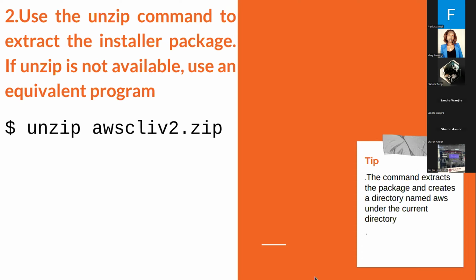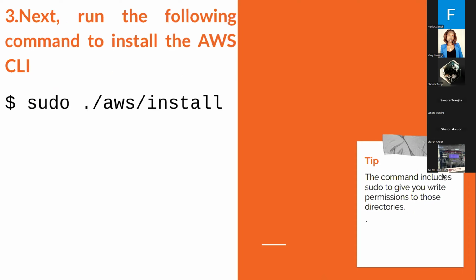This command extracts the package and creates a directory named aws under the current directory. After extracting, now we go to installing. We install using sudo ./aws/install. This command includes sudo to give you the right permission to those directories.